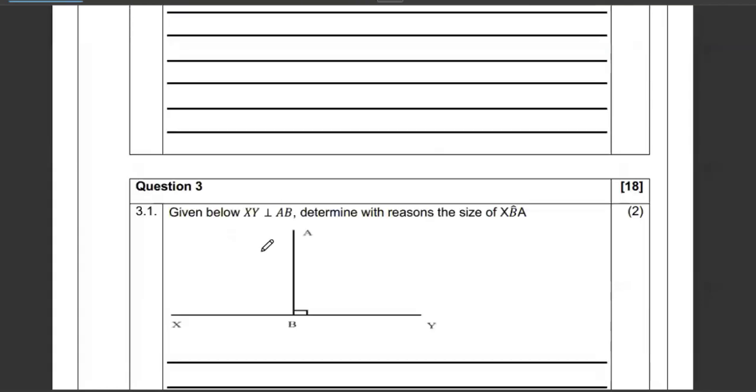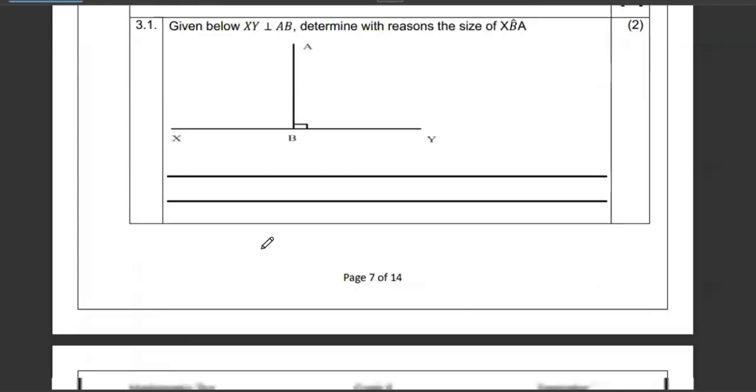Okay, then question 3. Given below, they are telling us XY is perpendicular. That symbol is for perpendicular, meaning that there's a 90 degrees to AB. Determine with reasons the size of XBA. XBA, what angle is here? So we know that 90 plus our XBA should give us 180.